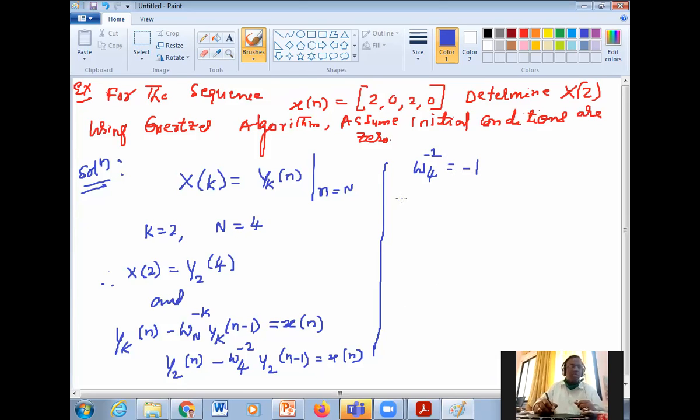So we get y2 of n plus y2 of n minus 1 is equal to x of n. Therefore, y2 of n is equal to x of n minus y2 of n minus 1.